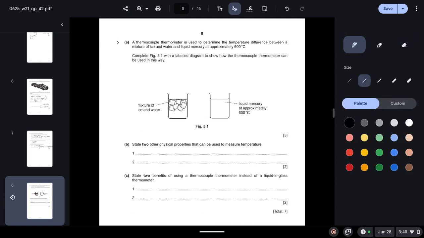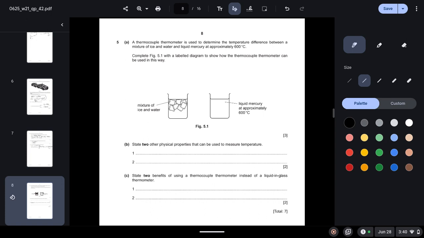A thermocouple thermometer is used to determine the temperature difference between a mixture of ice and water and liquid mercury at approximately 600 Celsius. Complete figure 5.1 with a labeled diagram to show how the thermocouple thermometer can be used in this way.